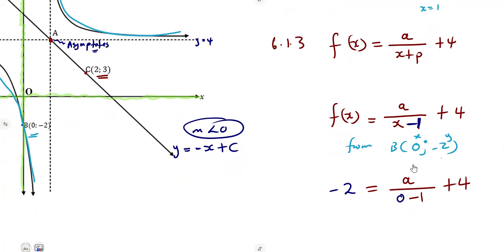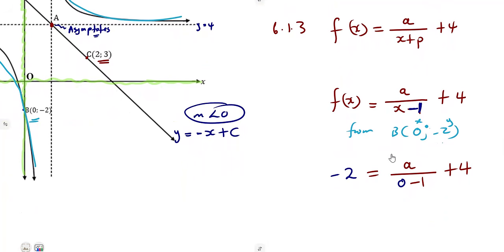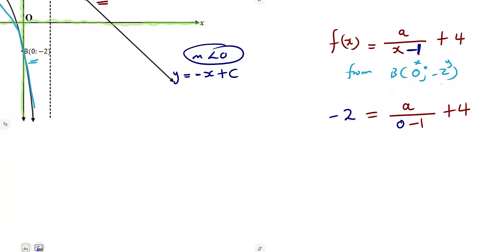We have substituted the corresponding values from the point B. Solve for A. We can take the 4 to the other side, or simply subtract 4 from both sides. This gives us negative 6 is equal to A over 0 minus 1. That's minus 1. Remember here it is subtracted.